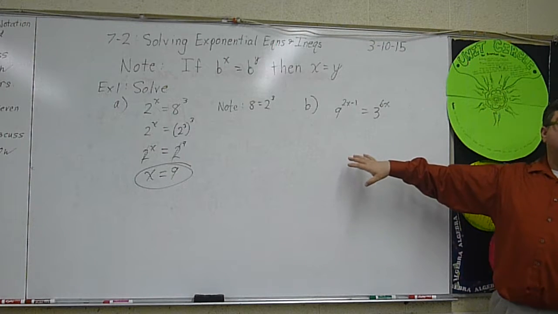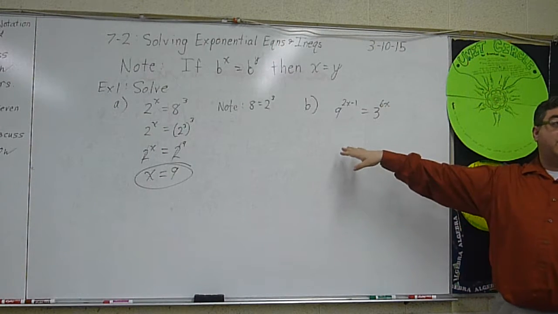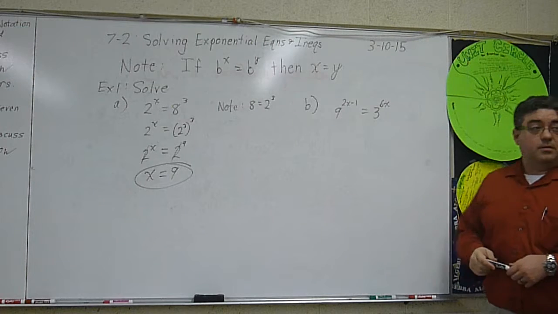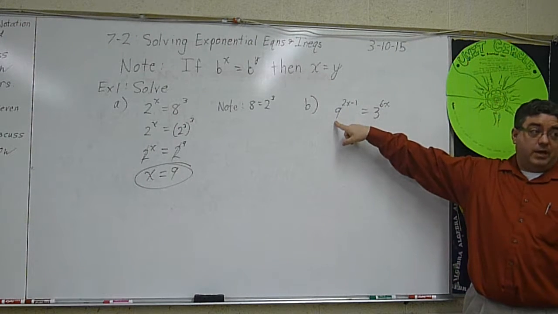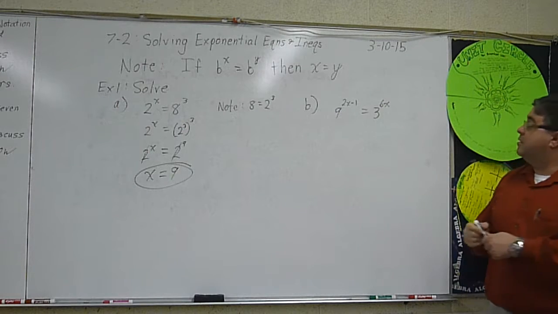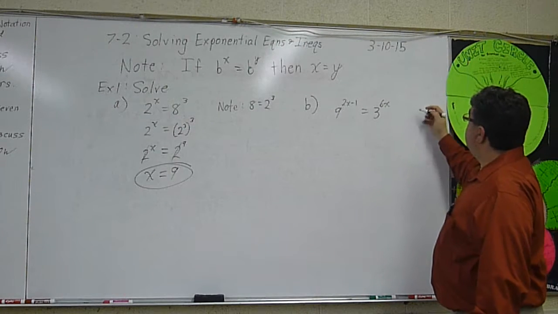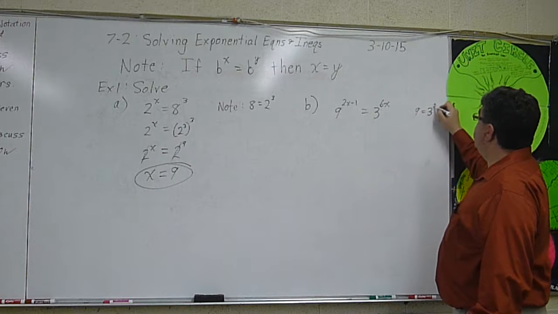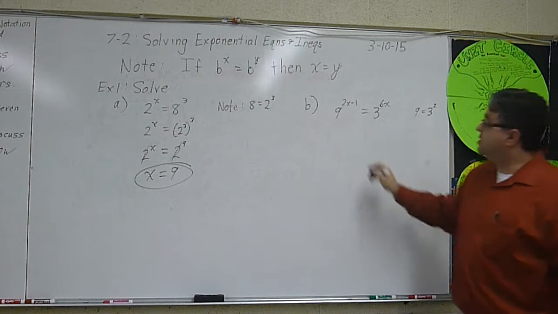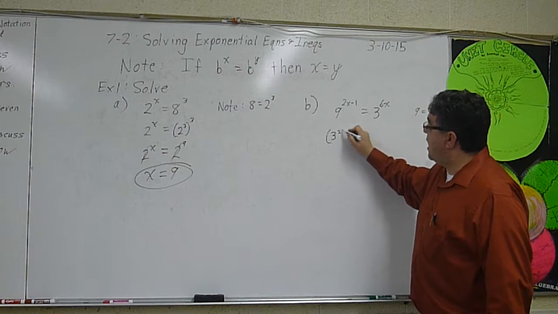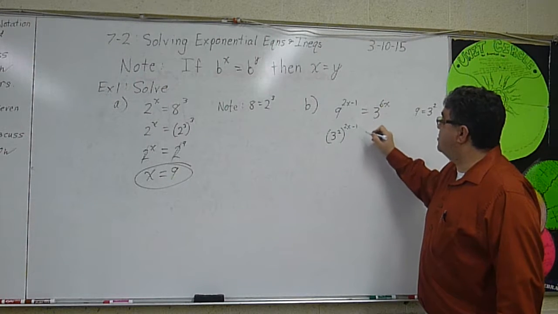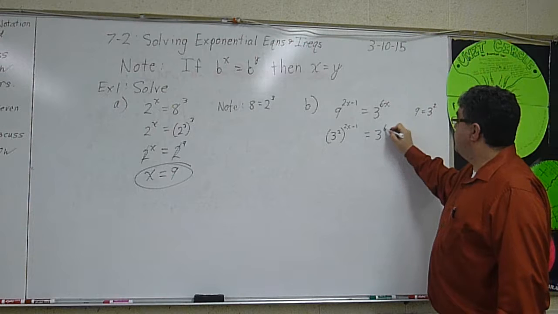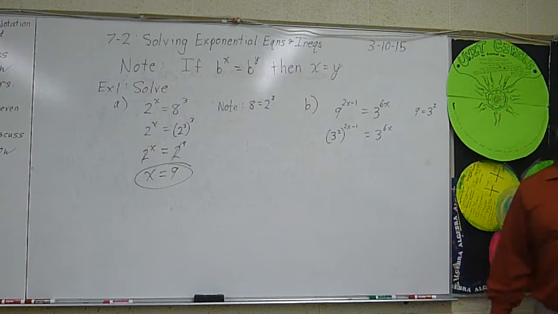Does everybody see that I can use a common base of 3 here? Because I can write 9 as a power of 3, and then I've already got a 3. So 9 equals 3 to the second, which allows me to write 9 as 3 to the second and raise that to the 2x minus 1 power. Starting to see it now? Good.